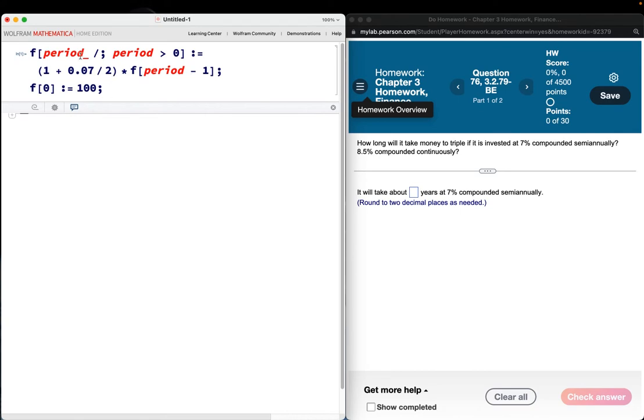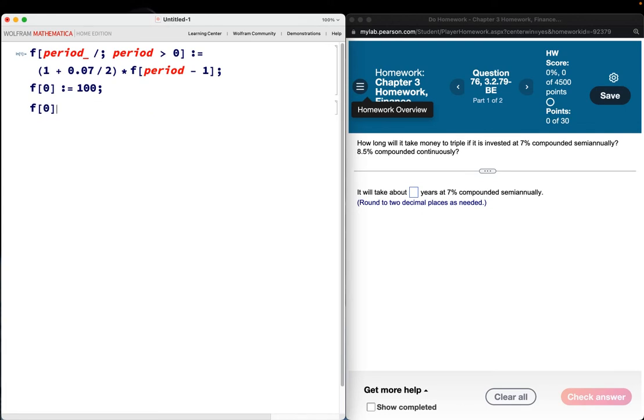So this is called a recursive definition because the money I have each period is based on how much money I have the previous period, which makes sense. Okay, so let's see.